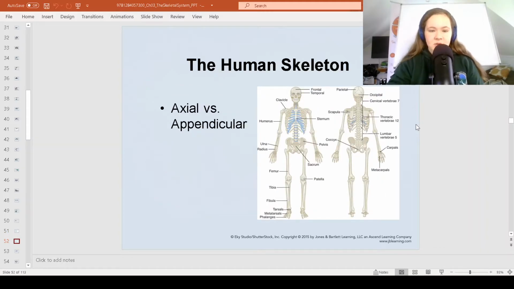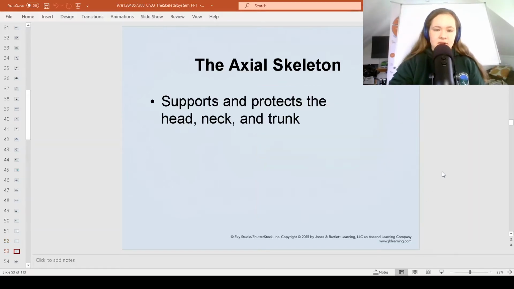Human skeleton, axial versus appendicular. The axial skeleton supports the head, neck, and trunk.